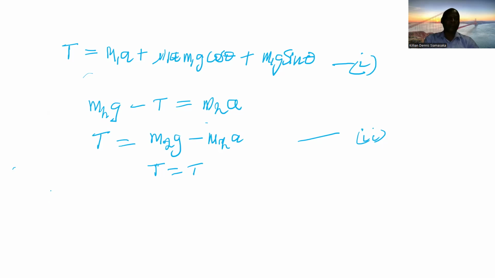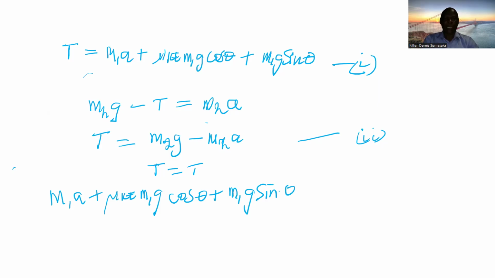We can say mass 1 times acceleration plus coefficient of kinetic friction times mass 1 multiplied by g and cos theta, plus m1 g sin theta, should be equal to m2 g minus m2 a.